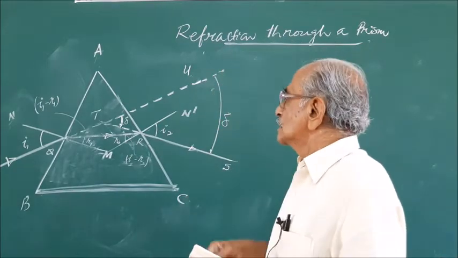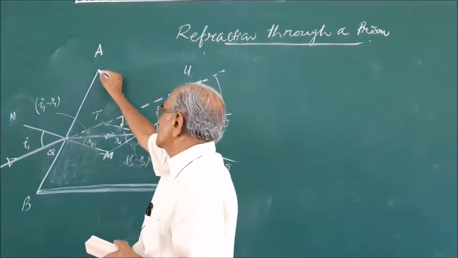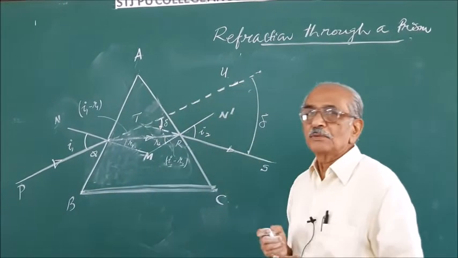Now, consider the principal section ABC of a prism.